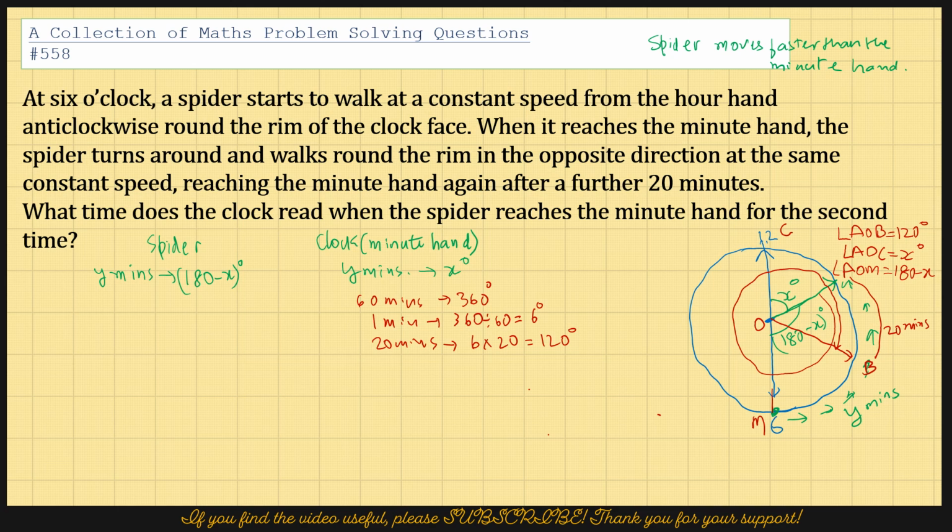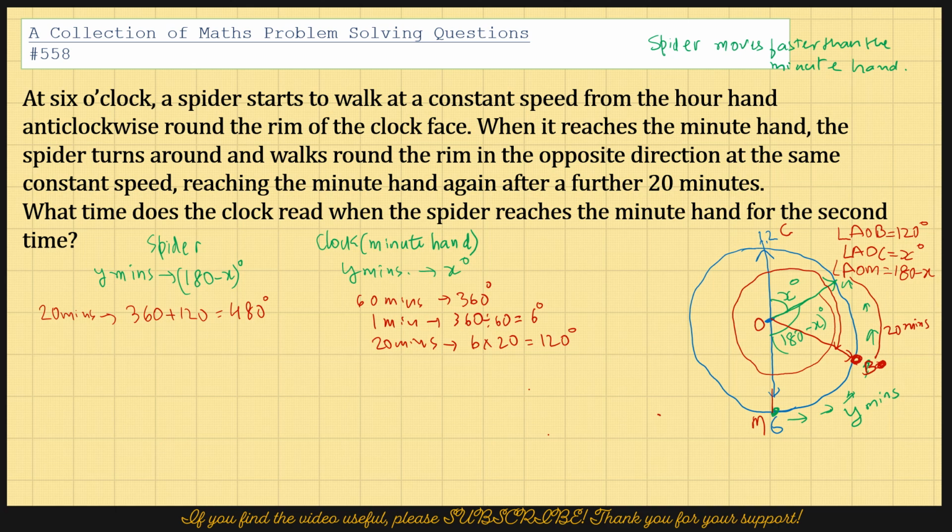And now how much has the spider moved in 20 minutes? The spider in 20 minutes will have gone 360 plus 120, that is 480 degrees, because it meets the minute hand again at this point.